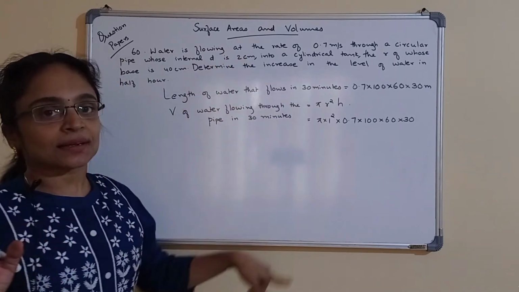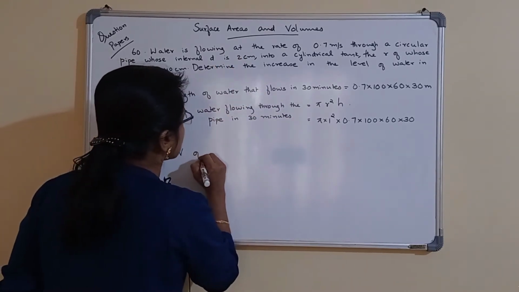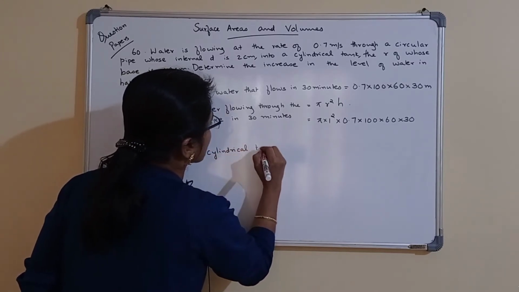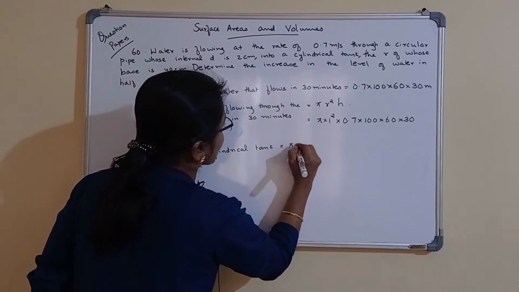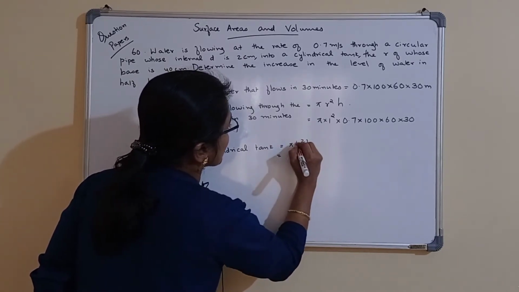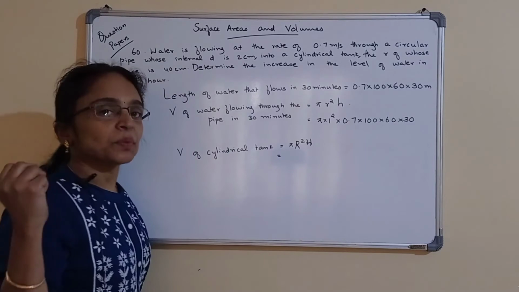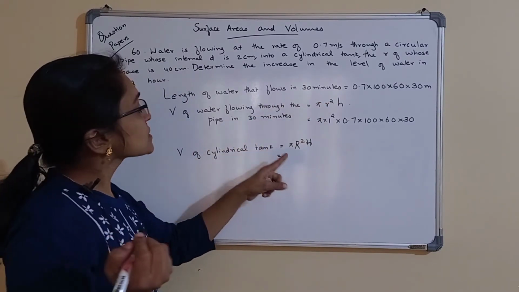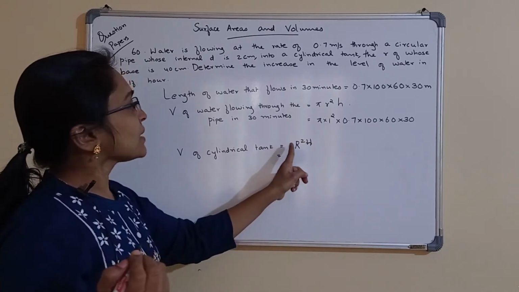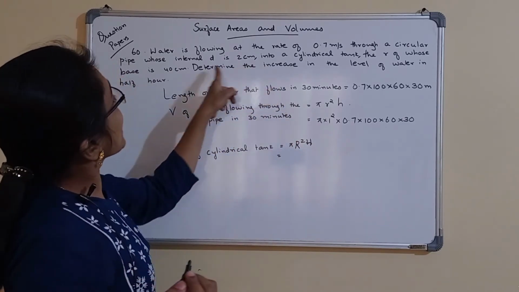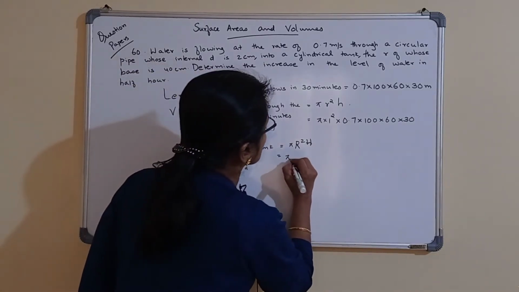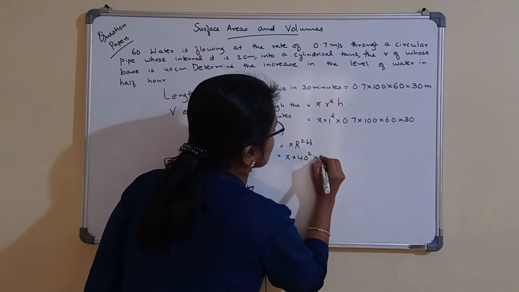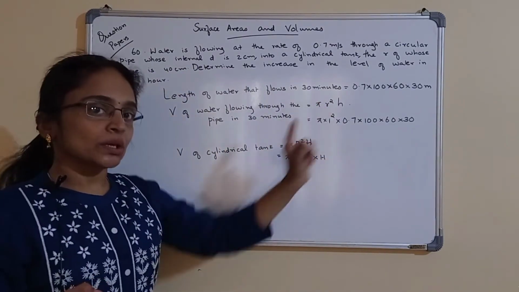That is a cylindrical tank, right? And what is the volume of the cylindrical tank? It is pi r square h, and we can write it as pi into capital R square into capital H, because we have taken small r and small h for the pipe. So pi into capital R square, which is 40 square, into H. Now this is equal to this.